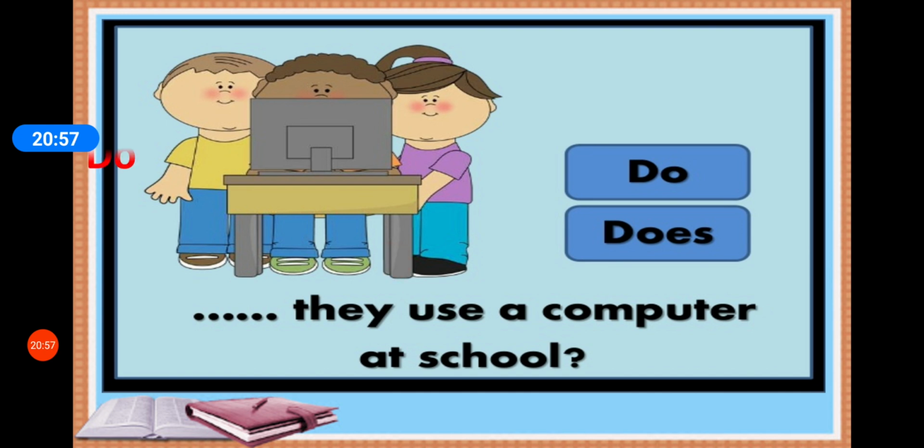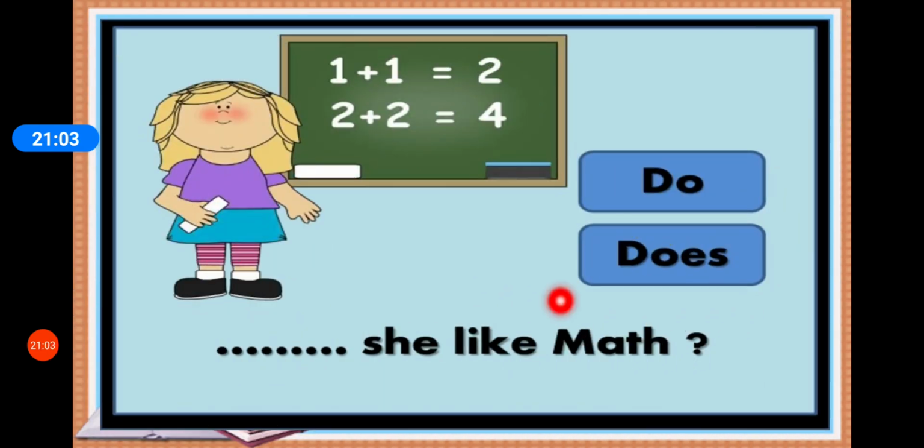So, do they use a computer at school? Dash she like maths? Do she like maths or does she like maths? Now, he, she, it and singular nouns we have to make use of does. So, does she like maths?